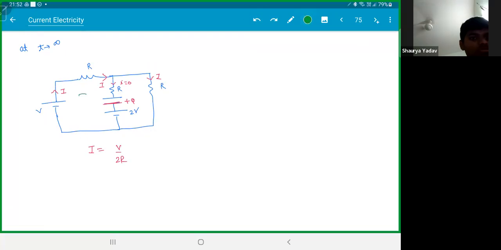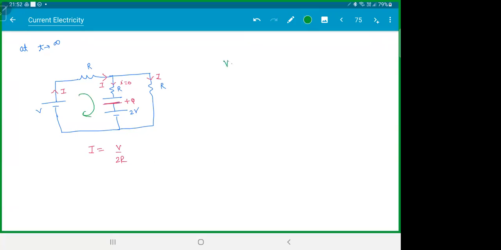In this loop, write an equation. You get V minus IR minus small i into R. You're going from negative to positive plate, plus Q by C minus 2V. You came back to the same thing. Please check that equation, the left loop. Then small i is 0.